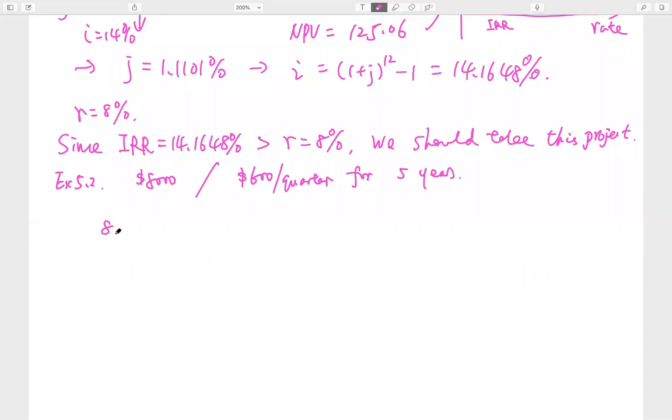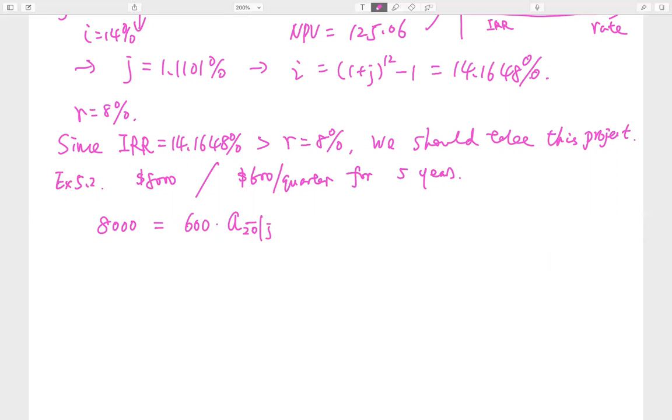So we just equate. On the left-hand side is just 8,000. On the right-hand side, I'm supposed to calculate the present value. So there are two notations. I always use the notation I prefer. I don't like the extra notation. There are 4 quarters each year for 5 years, so there are 20 quarters.